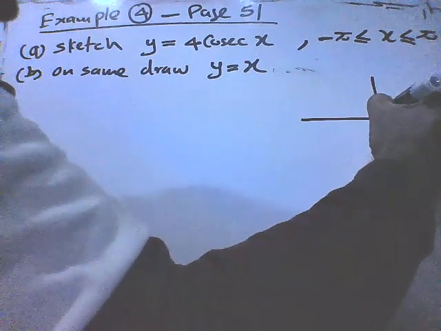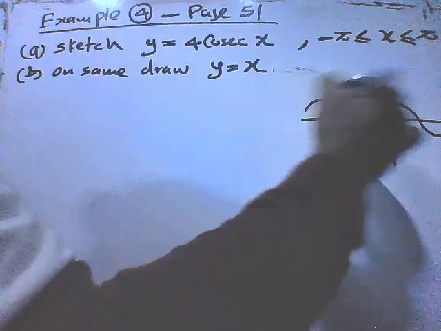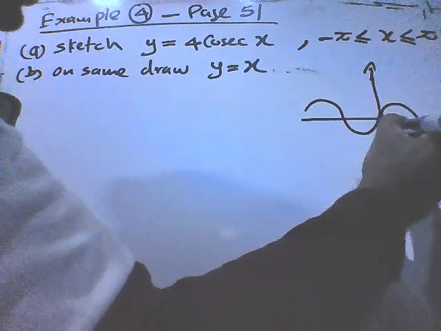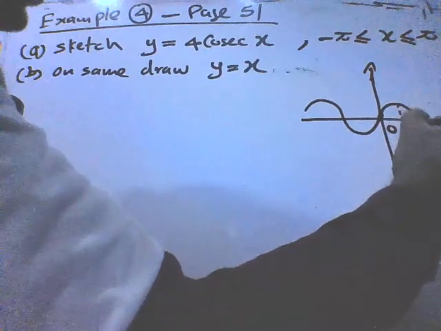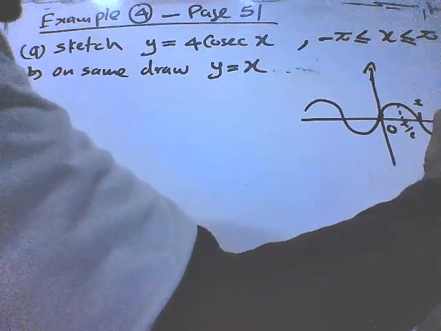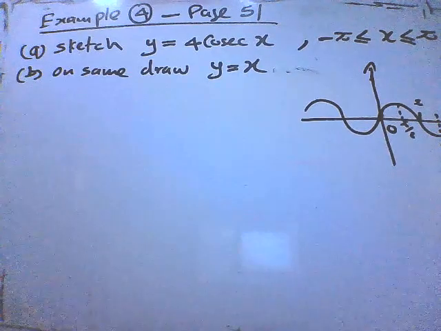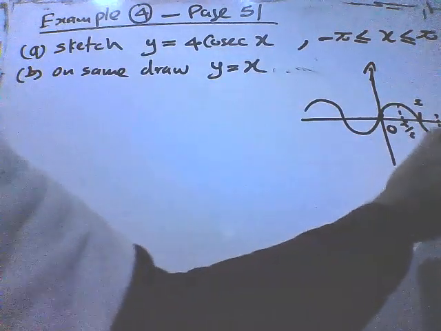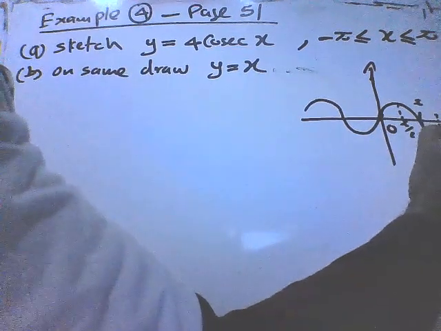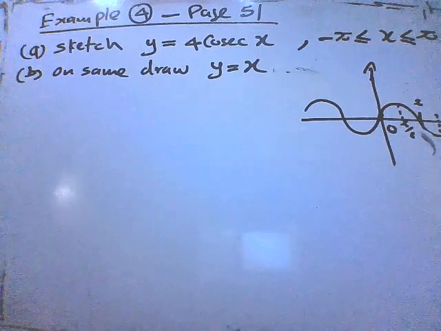Sin x goes like this. Here it is 0, here pi over 2, and here pi, and again pi over 2. So now we will draw the cosec x first.